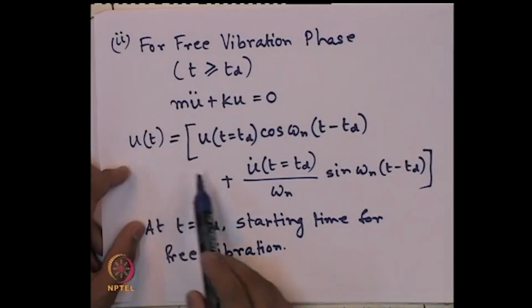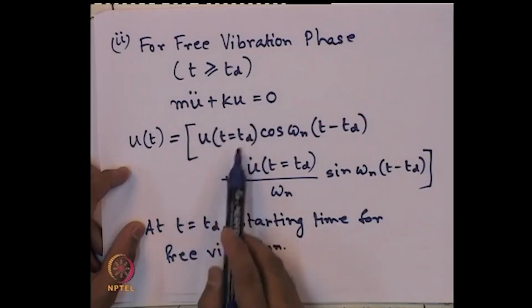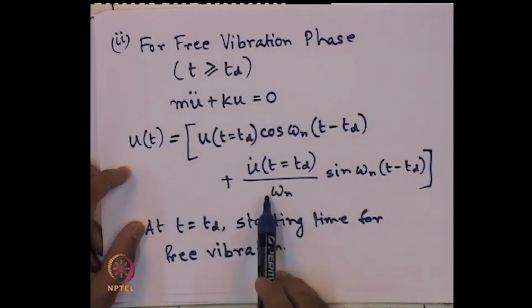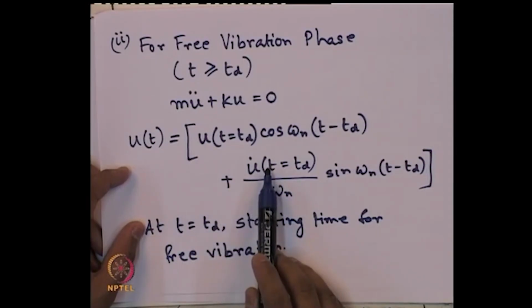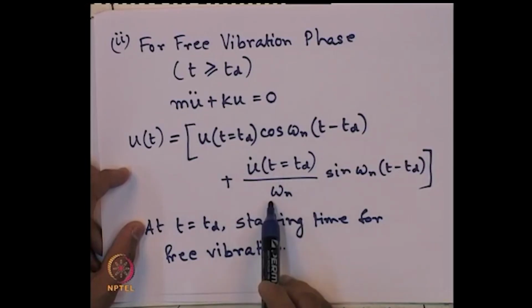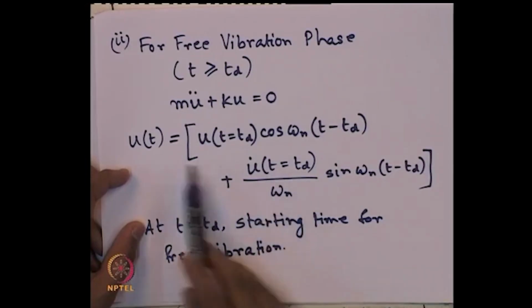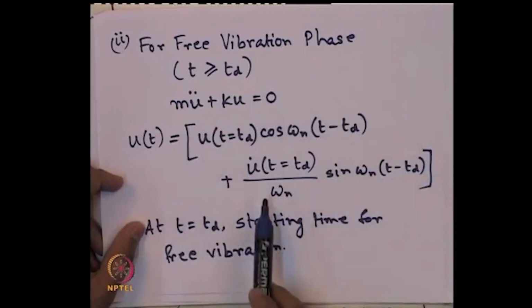Obviously, it will be root over this amplitude squared plus this amplitude squared, right. So, that is why u initial squared plus this velocity by omega n, squared, will give us the maximum value of this entire solution, is it not. So, u(t) maximum, that is why I said, can be written as this.